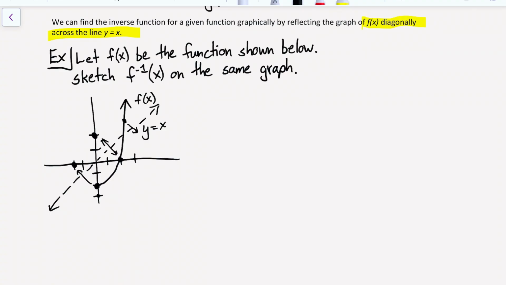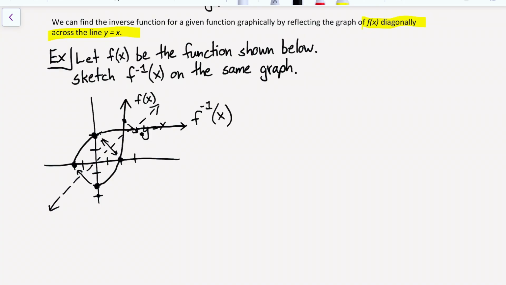It looks like maybe we should have a point right here, and so on. So it's looking like our picture for f inverse of x is going to look something like this. I'm going to label this as f inverse of x. There's a rough sketch of the graph.